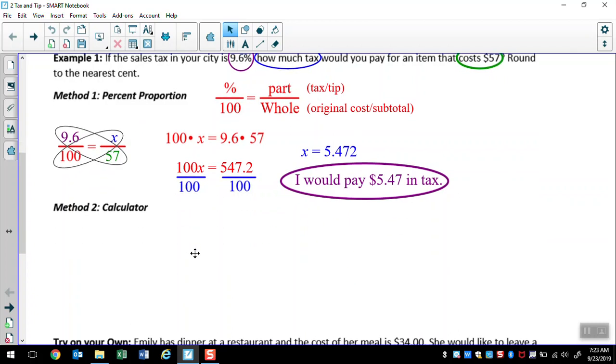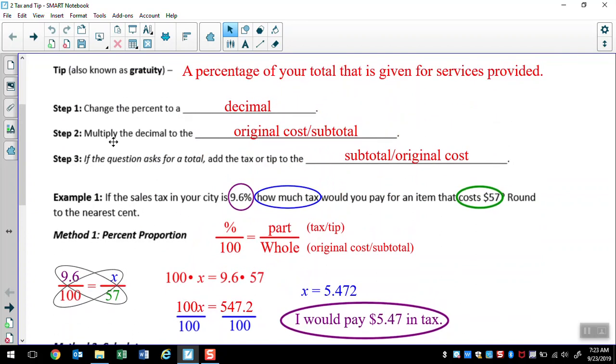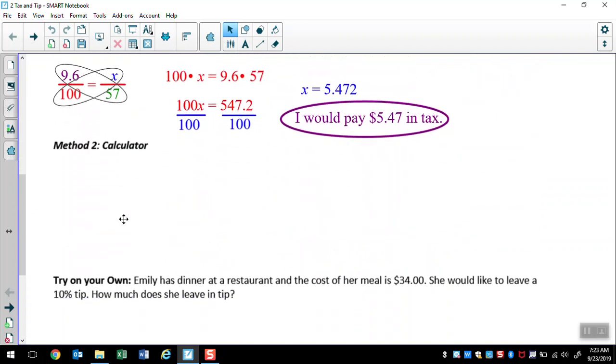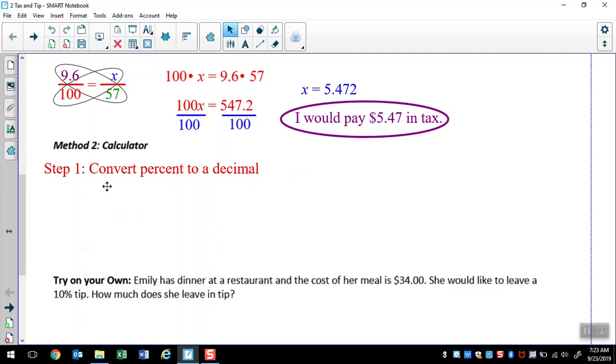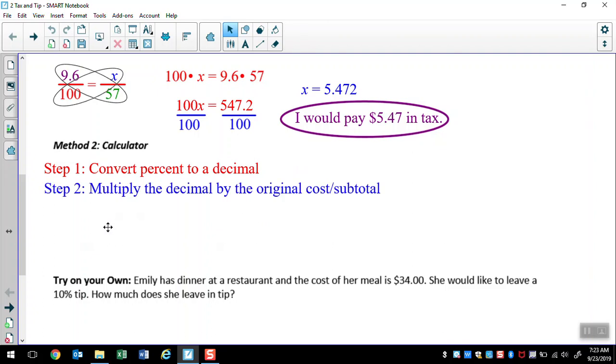All right, now if we were to do this using these 3 steps, here's how we would do it. Step 1, we would convert our percent to a decimal. Step 2, multiply the decimal by the original cost. So there's my percent to a decimal, and then I'm going to multiply those 2 together.